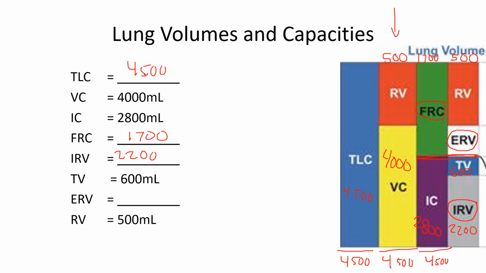So we know that this is 1,700, this is 500, so this guy needs to be 1,200. Double check, make sure all your columns are the same. They all must equal 4,500.